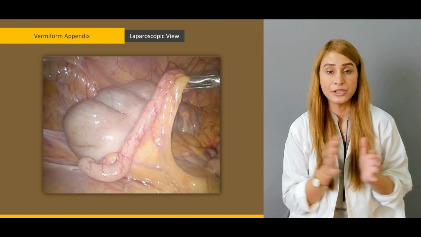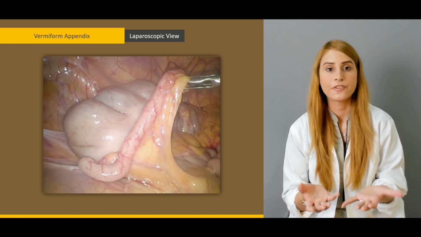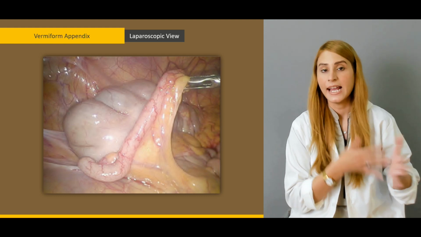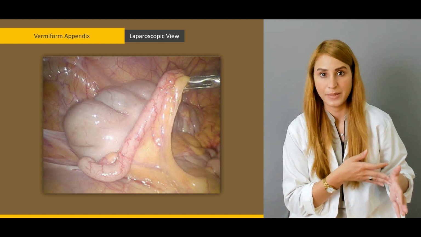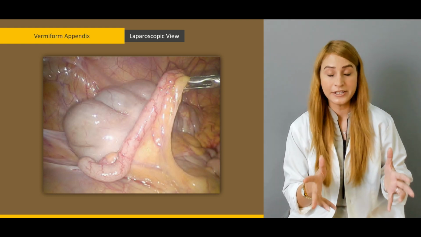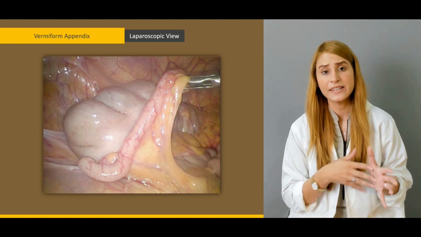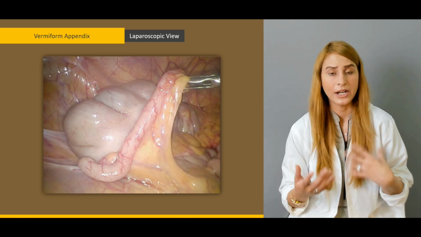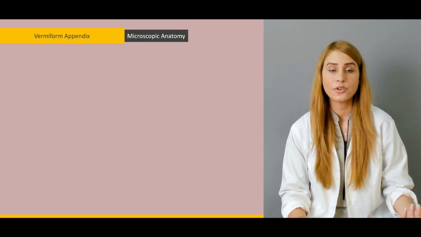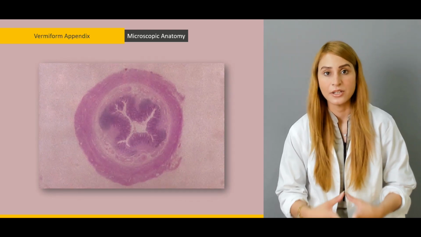So whenever you are performing the appendectomy, you have to ligate the mesoappendix, and then you have to ligate the base of the appendix. These two things should be ligated very nicely, so that there is no bleeding or hematoma formation later on. So we just talked about the surgical anatomy of the appendix.